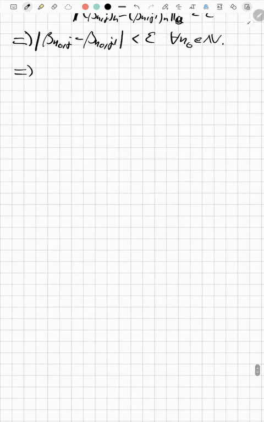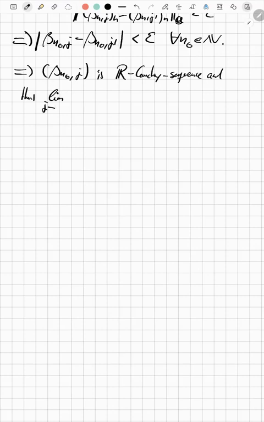Now this means that beta n0j is an R-Cauchy sequence, and thus it converges, so the limit as j goes to infinity of beta nj exists, and we will call this gamma n. So gamma n is now the sequence of limits of the elements at the same place in the different sequences that this sequence of sequences is made out of.